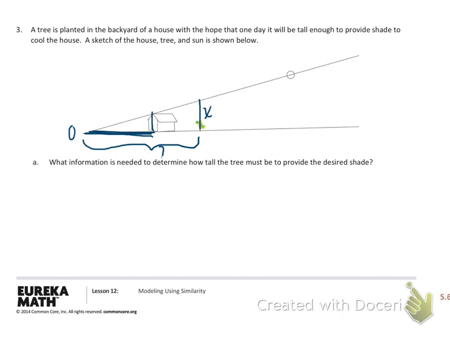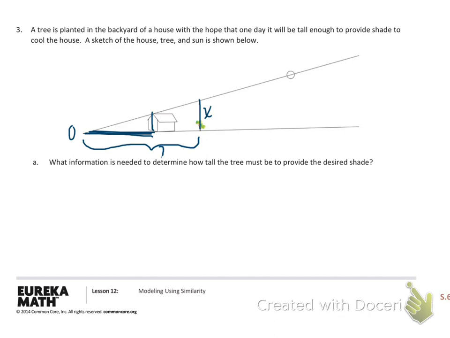So with that information, we end up with similar triangles, because these are parallel lines because they are at right angles to the ground. And so by the angle criterion, we're going to have similar triangles here.